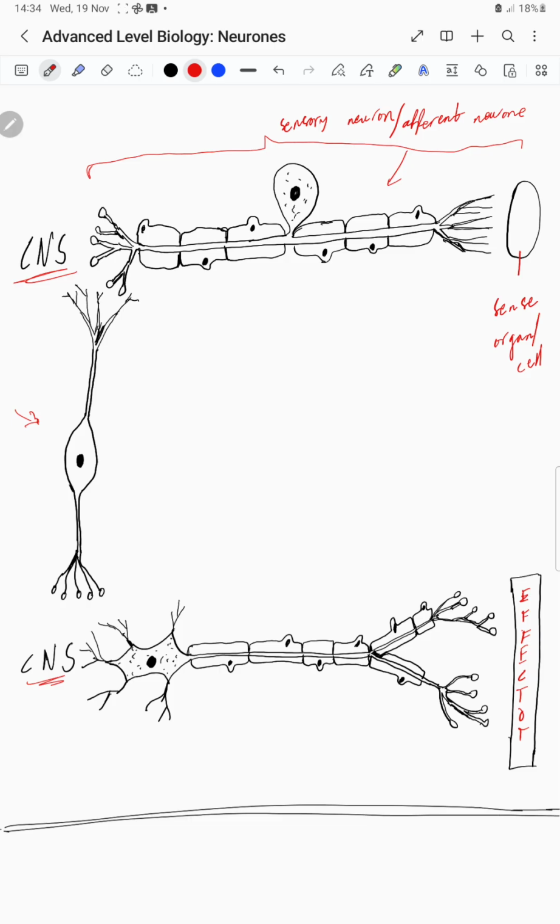So we want to look deeper into this neuron so that we can really understand.